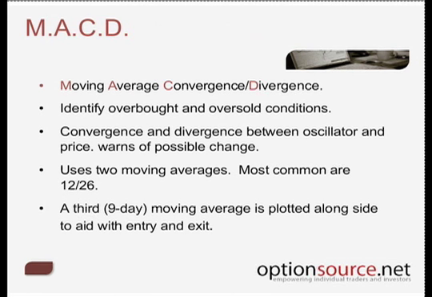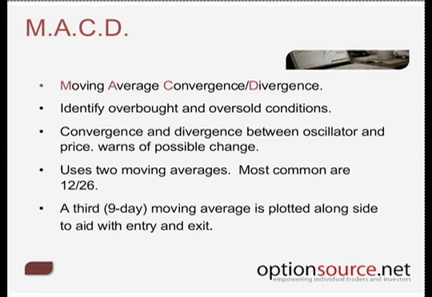But when we look at analyzing the price action itself, the MACD becomes a very effective way of establishing and identifying a particular trend that's in place, not only just in place, but that may in fact be coming to an end. MACD stands for Moving Average, Convergence, and Divergence.